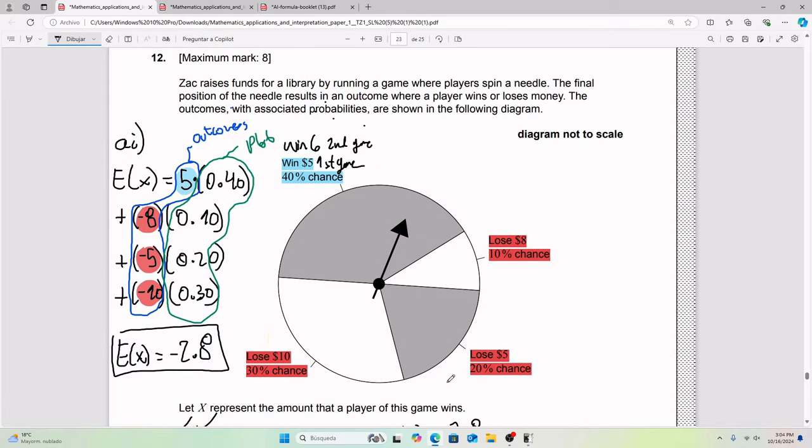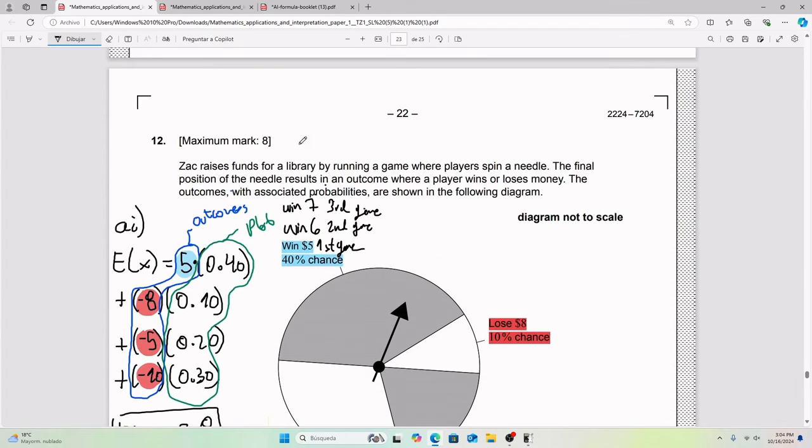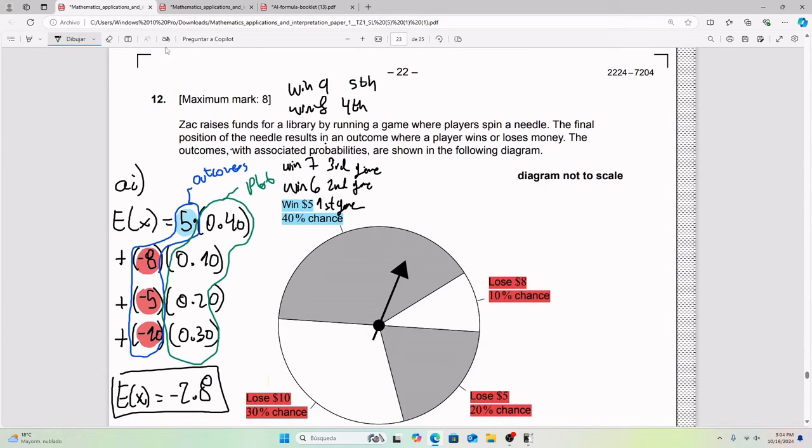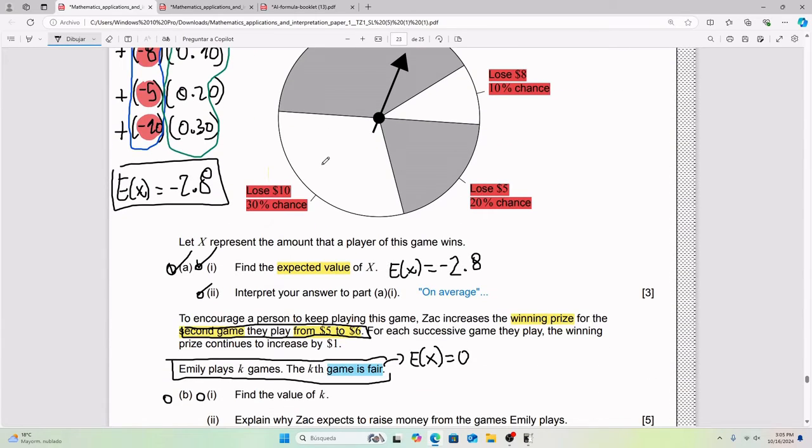The other 3 are lose. And so first game, win 5, win 6 for second game, and win 7 for third game. And if I kept going, technically I have win 8 for the fourth, and win 9 for the fifth. Okay, that's the general idea of what's happening here. The hard part is expressing this in terms of math.